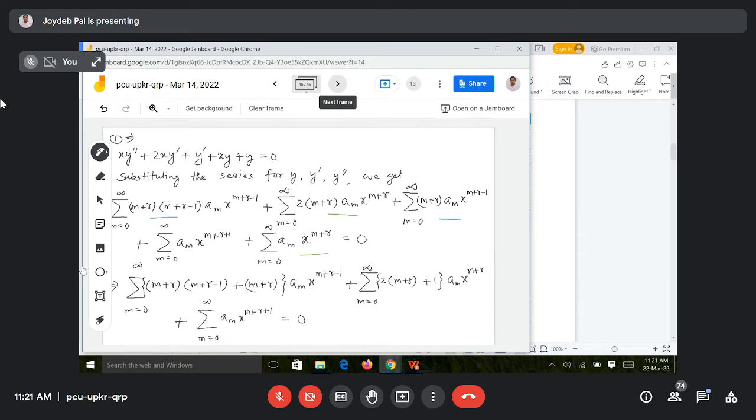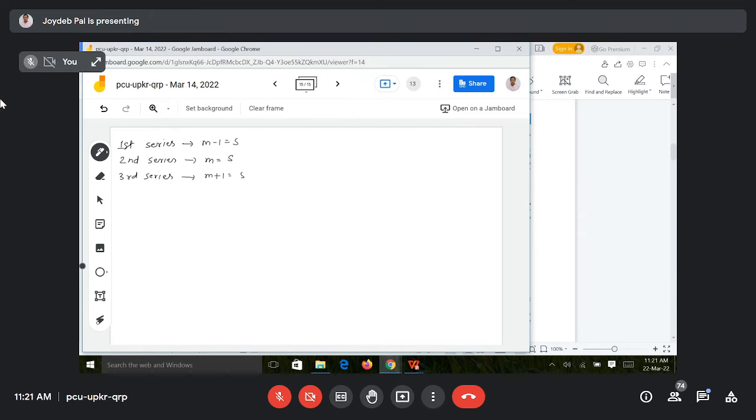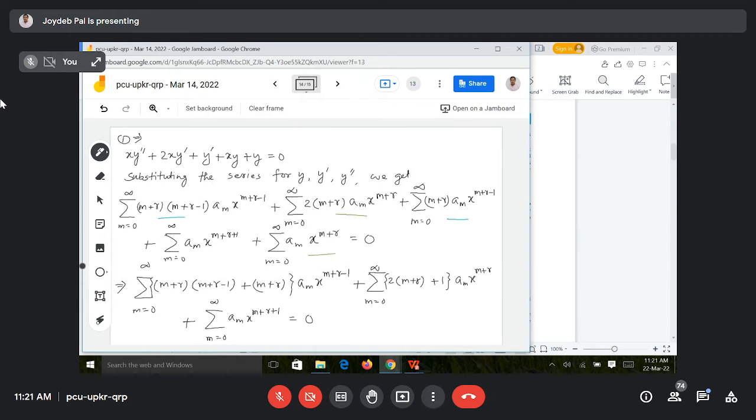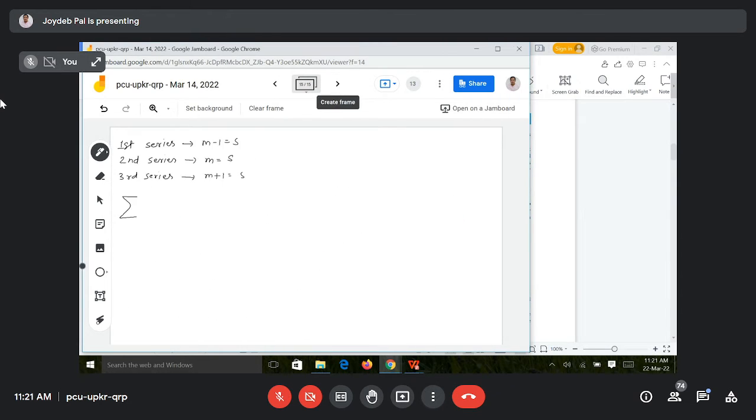Now, accordingly, change the variables. So for the first, it will be summation. We have taken m minus 1 is equal to s. So if you put m is equal to 0, then s equals minus 1. So s will be from minus 1 to infinity, and m is equal to s plus 1, right?